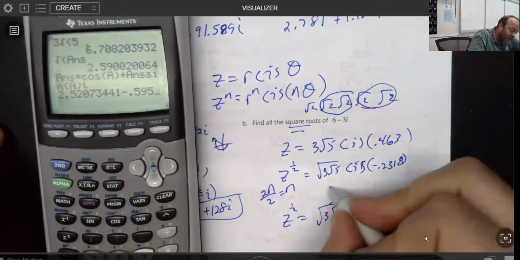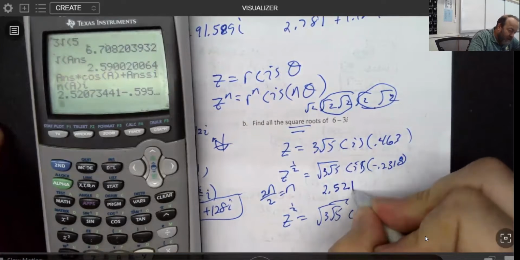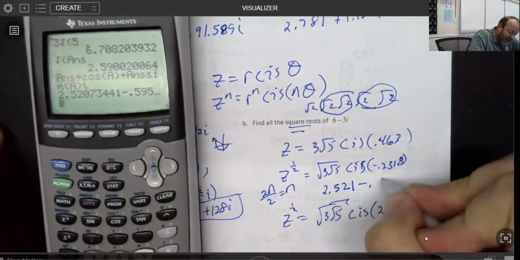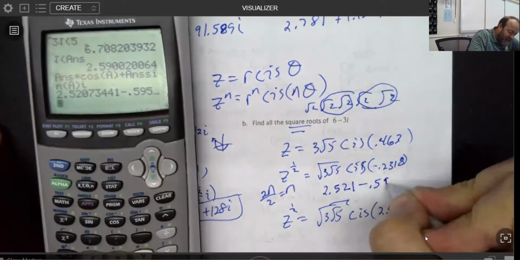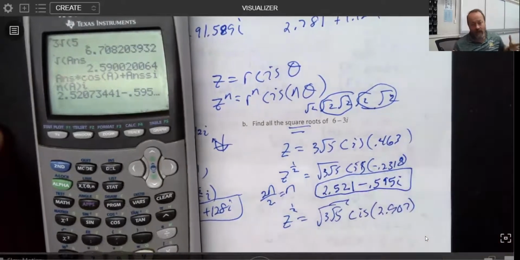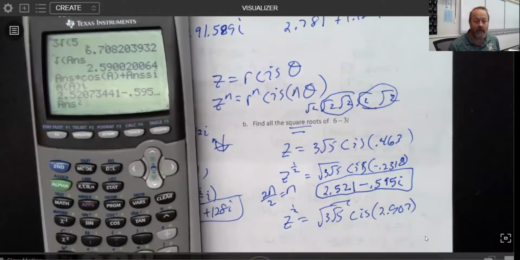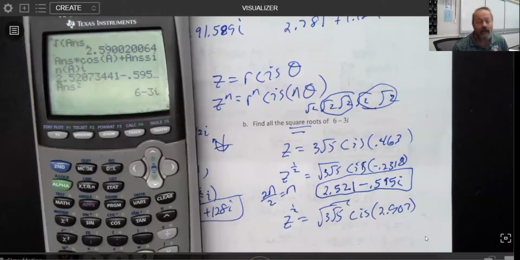And I got 2.521 minus 0.595i. Now, that's a strange looking answer, but in theory, if I square that, if I've done it right, I should get 6 minus 3i back, and I did, which still blows me away to this day.